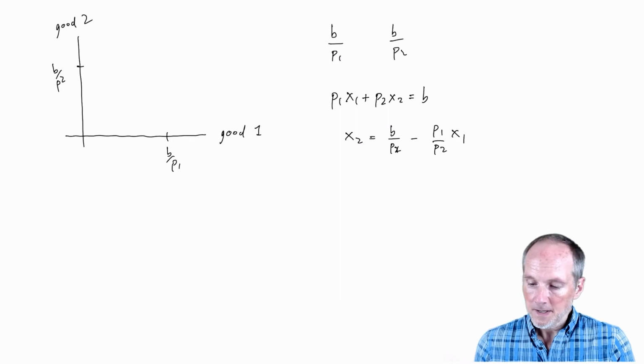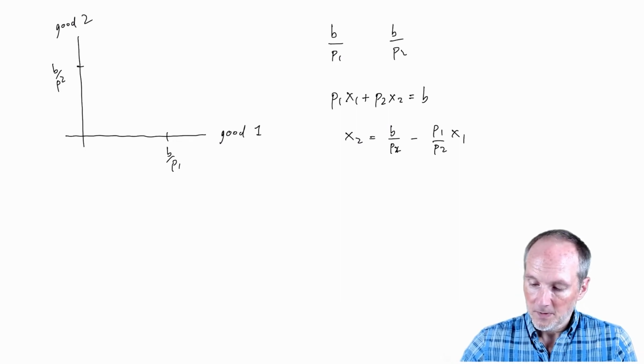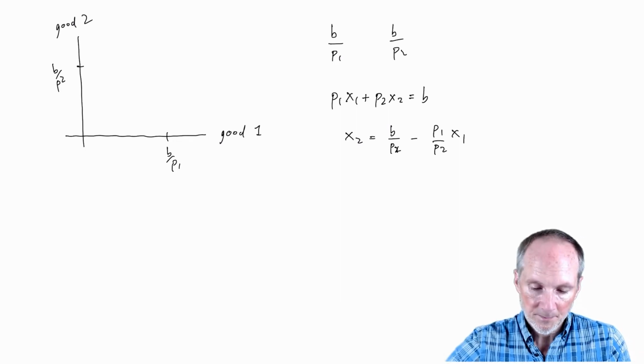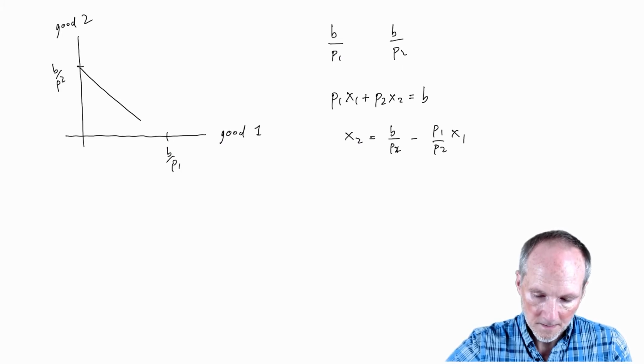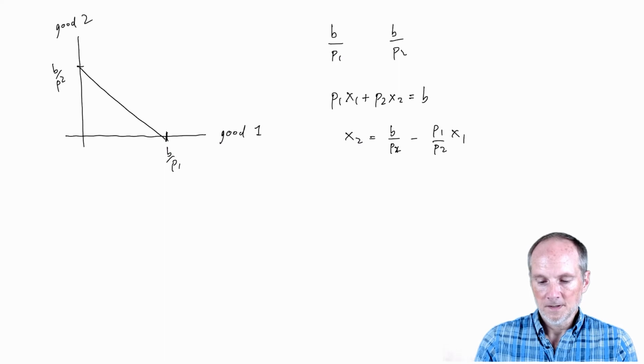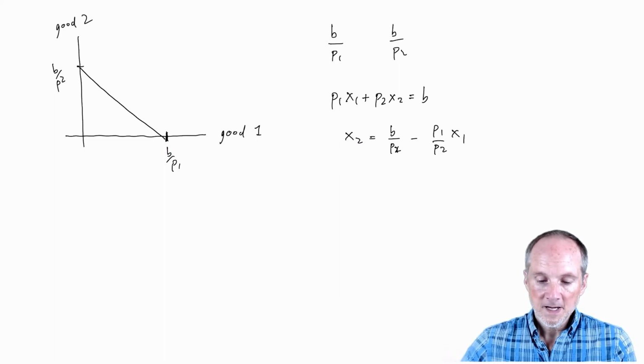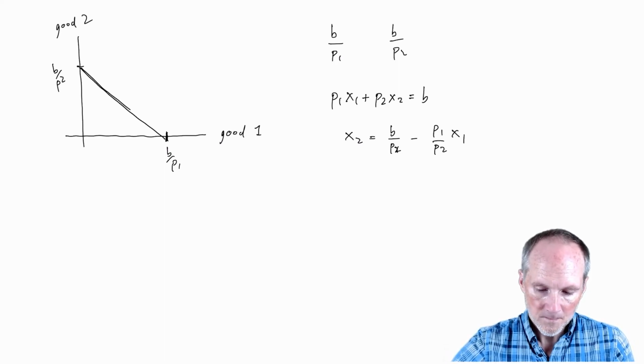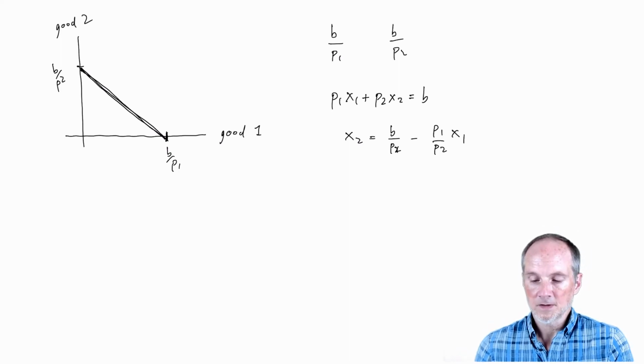Okay. And so if we graph that relationship, what we get is, I missed my horizontal intercept there, but we get this line. Those are the bundles that cost all of the consumer's money.